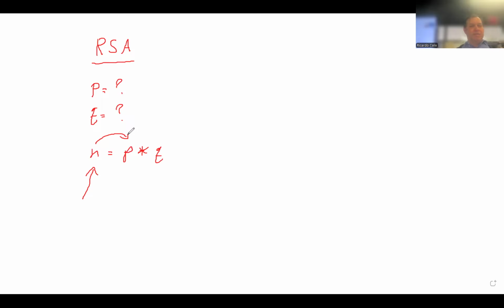So let's imagine an example here. We're going to pick another two prime numbers. In this case, P is going to be 17 and Q is going to be 43. Small numbers.